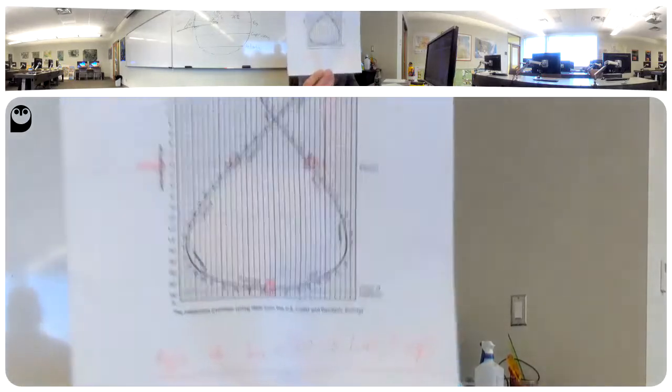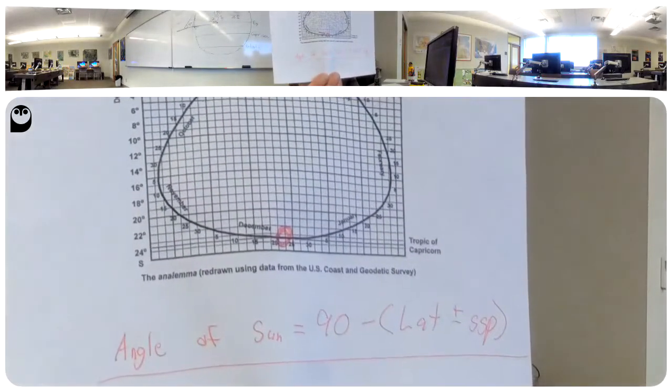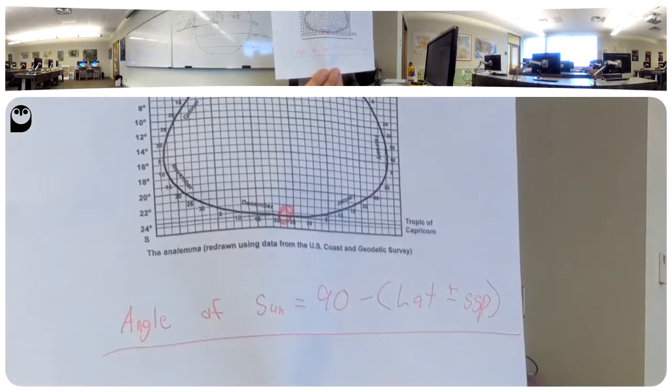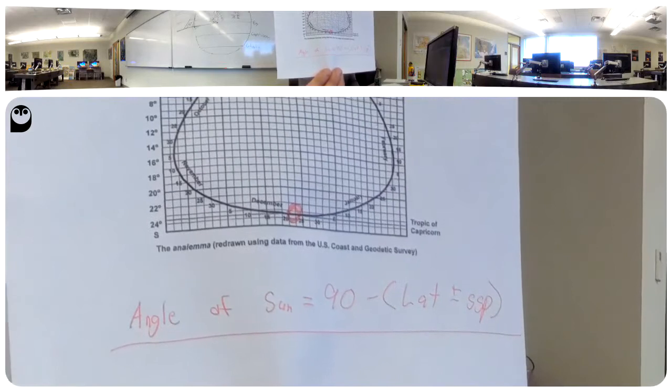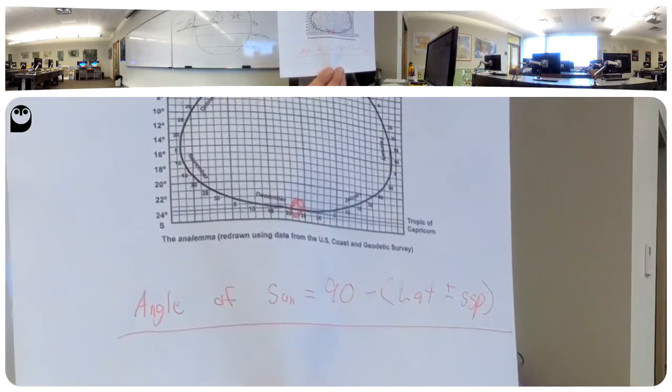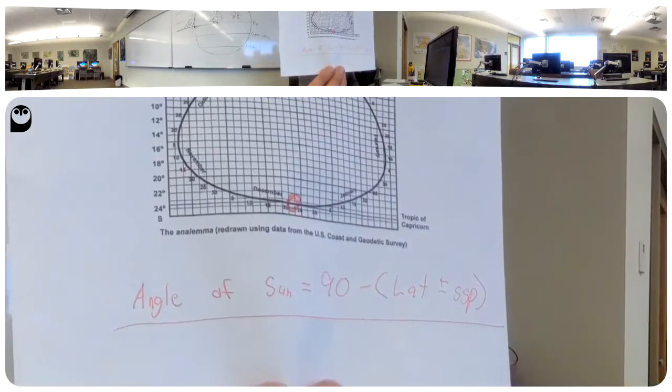So now that we have explained the analemma, we can start to make an equation to solve all of these problems. And there's my equation right there. Angle of the sun equals 90 degrees minus our latitude plus or minus our SSP. Now, how do we know whether to plus or minus our SSP?